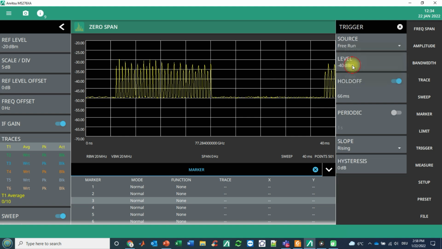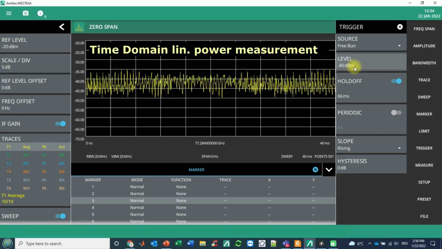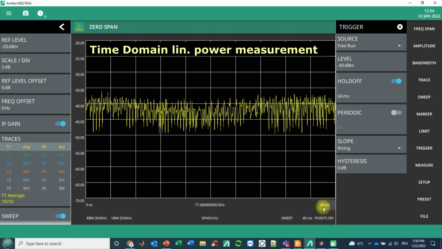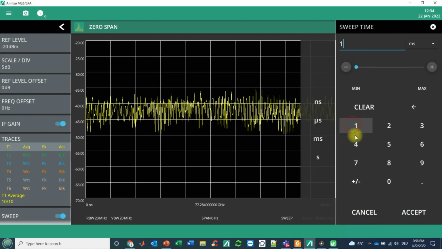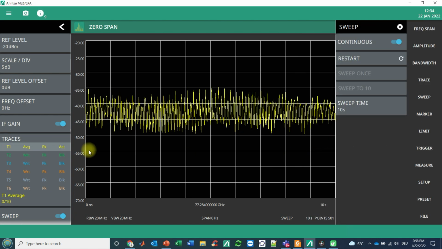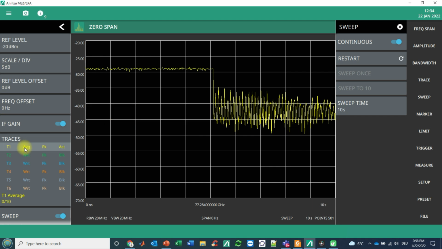We are disabling again the trigger, and now we are setting a quite long sweep time of 10 seconds. And now let's wait for the first incoming measurement readings.